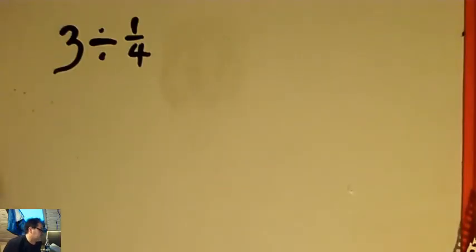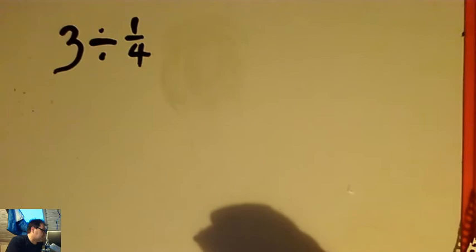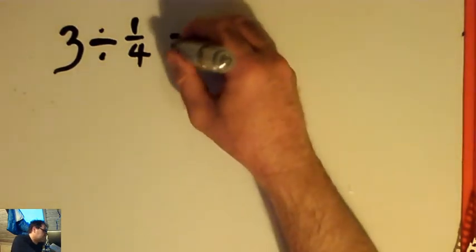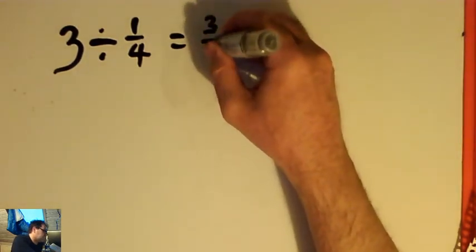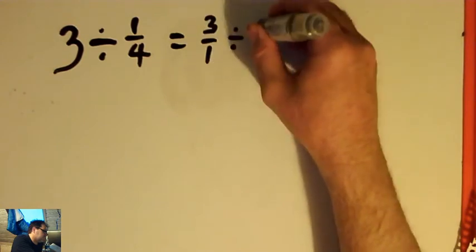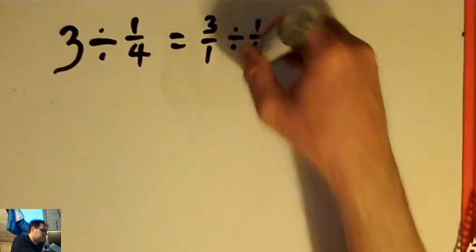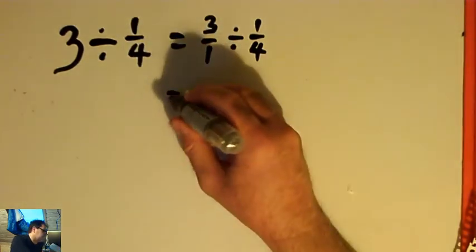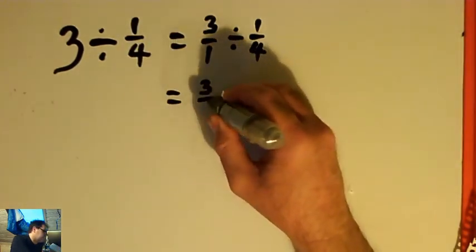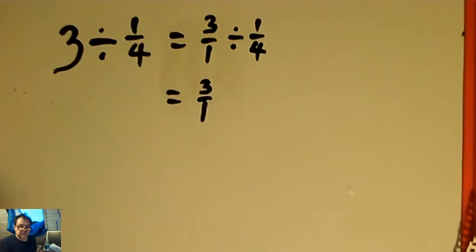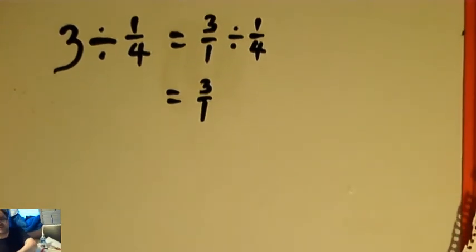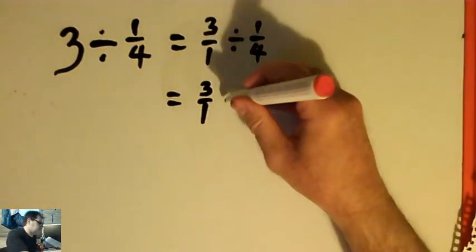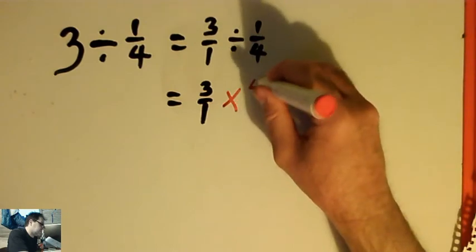Okay, so the first one was 3 divided by a quarter, which I'm going to write as 3/1 divided by a quarter. And then the trick to these is to change it to a multiply and flip over the second fraction.